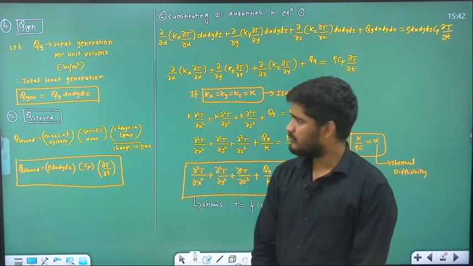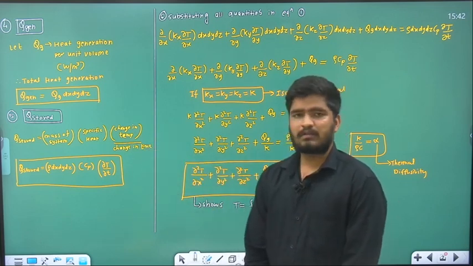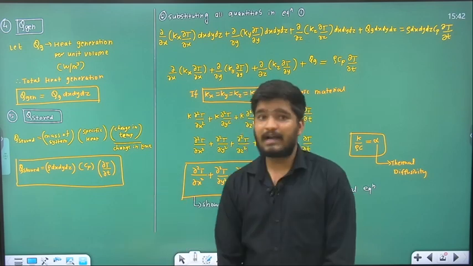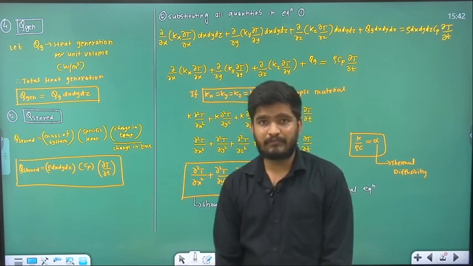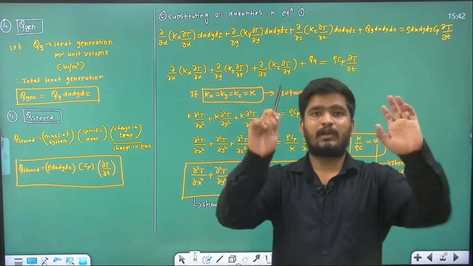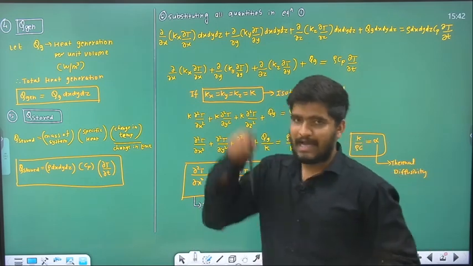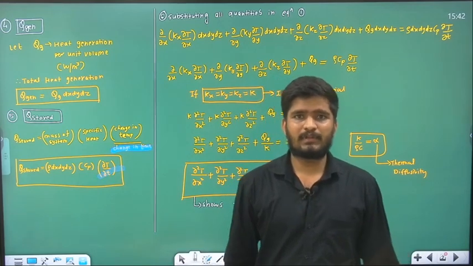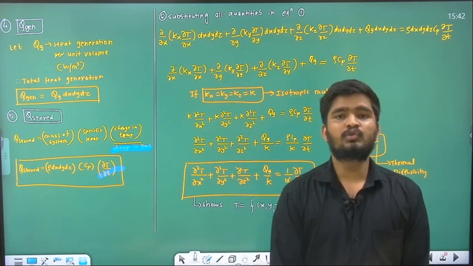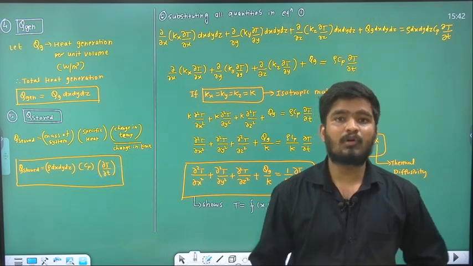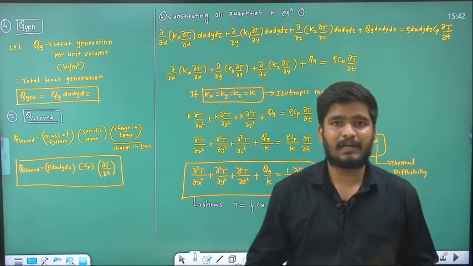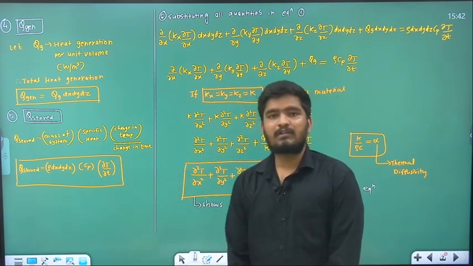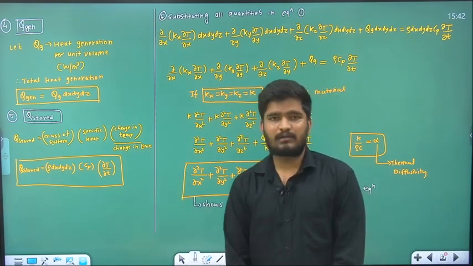Mass of the system m, specific heat Cp, then change in temperature with respect to change in time. My dear friends, as we are thinking of rate of heat transfer, that's why we have to consider this change in time. Otherwise I will end up with unit joule, but I don't want that. I want rate of heat transfer, heat rate, and that's why I have taken ∂t at the denominator.